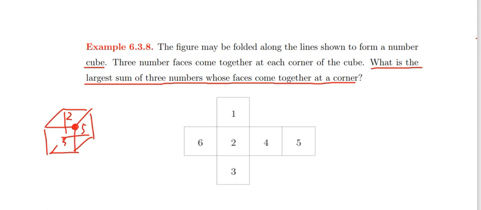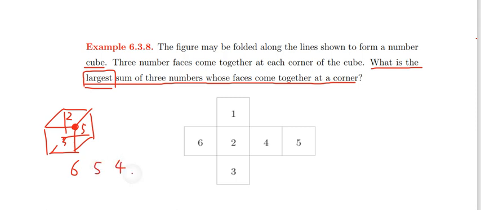So here the question is we want to find the largest one. At first we should know at which corner the sum can be largest. So the largest three numbers could be 6, 5, 4.